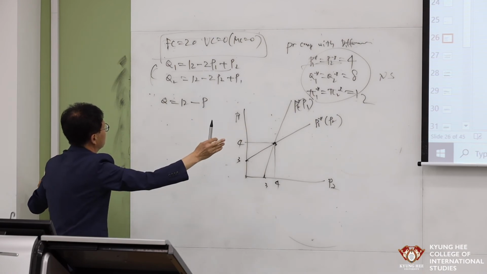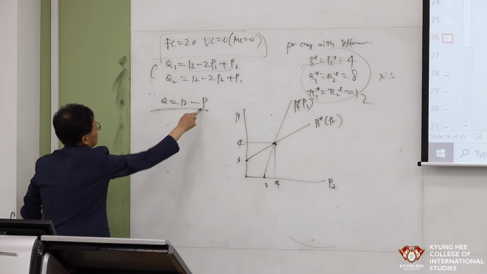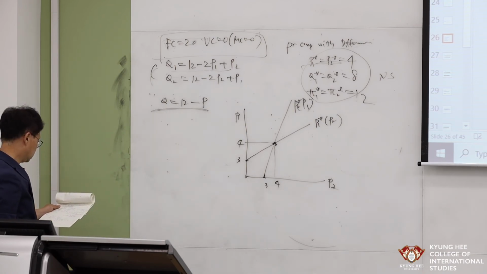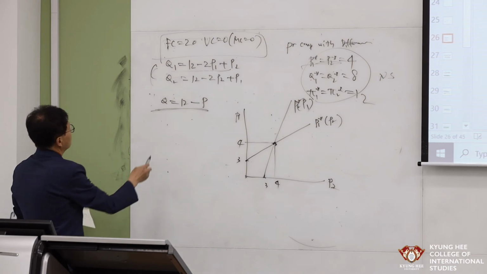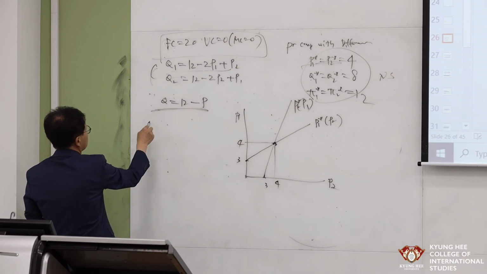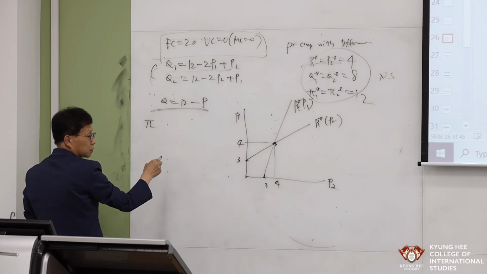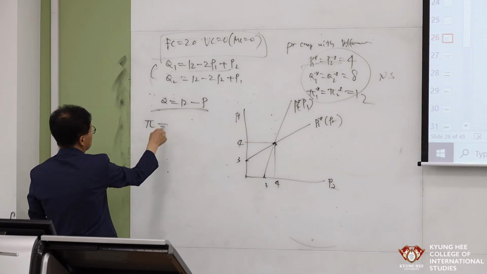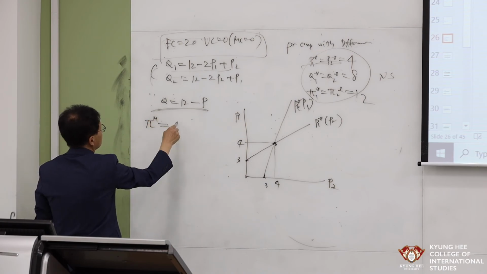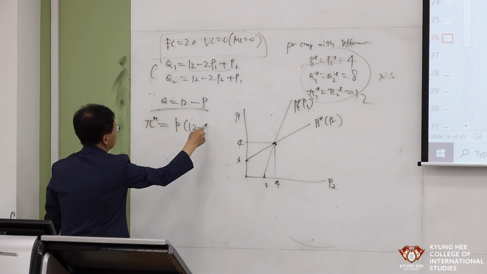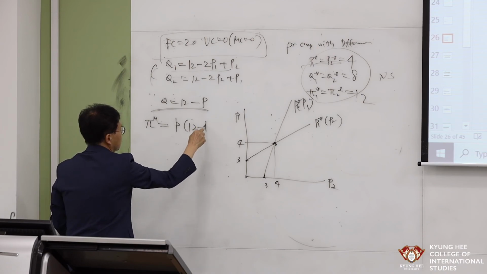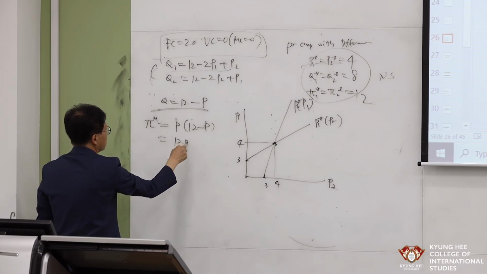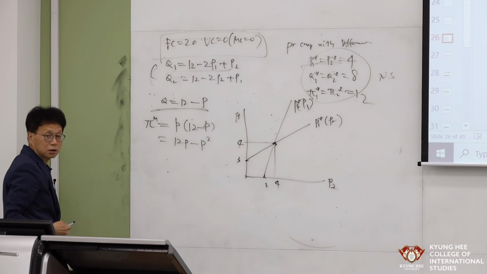Q1, Q2 same. So we can get this kind of relation, isn't it? Then profit of the monopolist should be equal to price multiplied by 12 minus P. Then that is 12P minus P square, right?